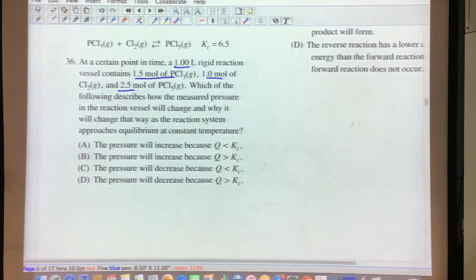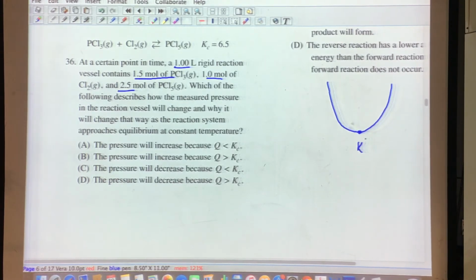Well, we have to know what the Q is. They're telling us this is a reaction quotient. This is some place in time where we have these. And as I always love to draw, here is my K. I don't care if it's KC, KP, KA, KB, KW, AOK. It goes right here. Now, what's the Q?